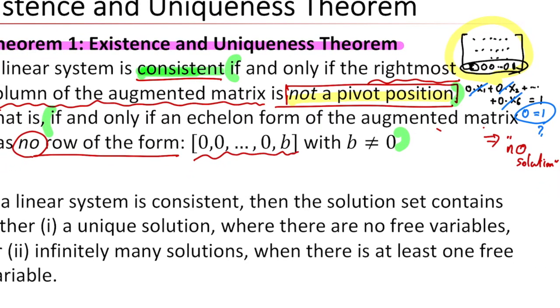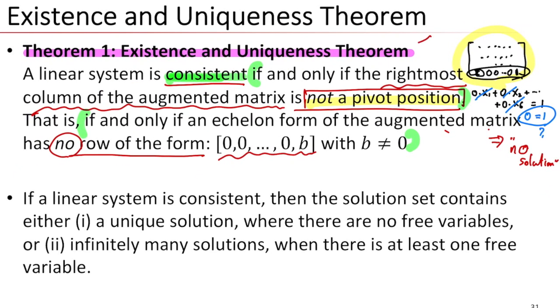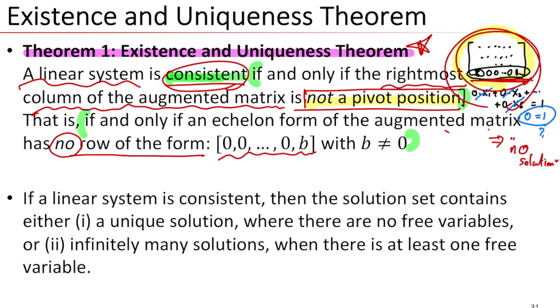Okay? So this theorem means that if there is no row like this, the matrix has a solution, so this linear system is called consistent, right? Because this matrix anyway has a solution, right?